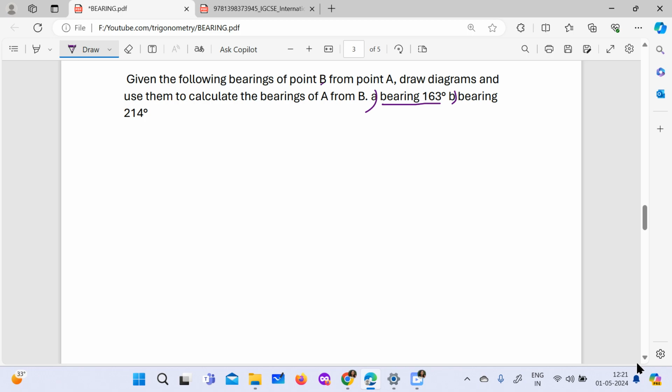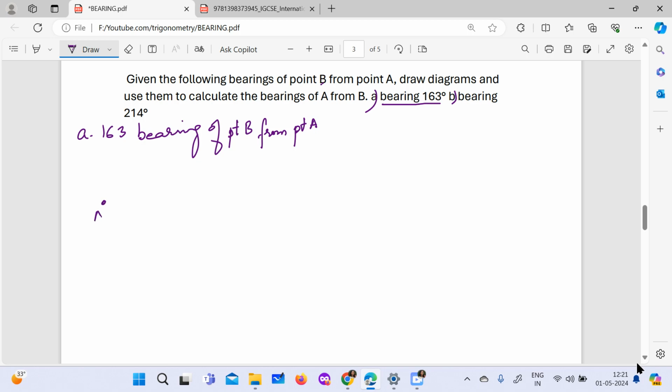So what it says, bearing of point B from point A is 163. Let me draw this now.